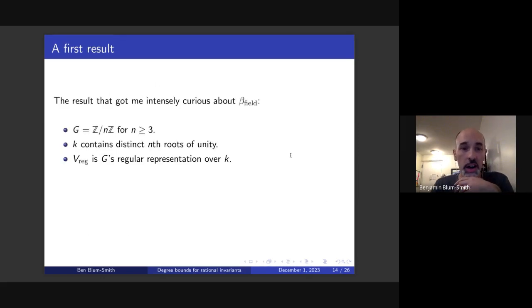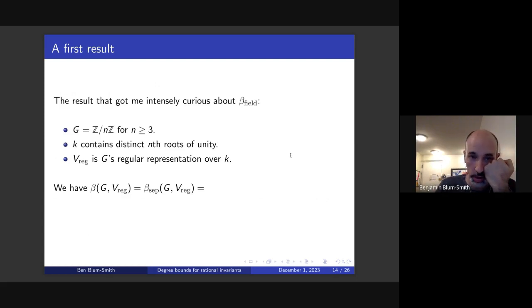So consider a cyclic group of order n. Let's work over a field that contains distinct nth roots of unity, and consider the regular representation. For the classical Noether number and the separating Noether number, I'm just going to, for your enjoyment, give you a second to think about what they are in this case. So it's n.